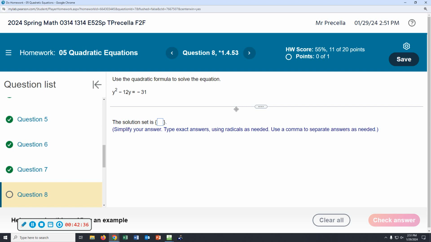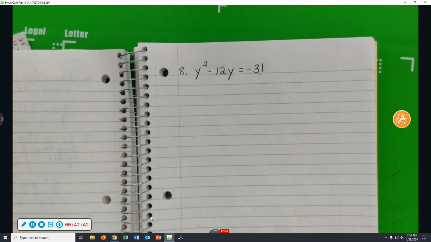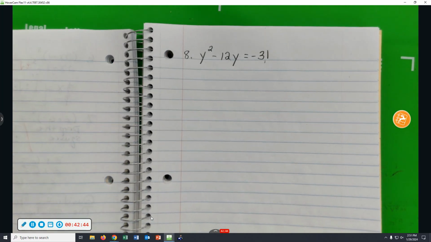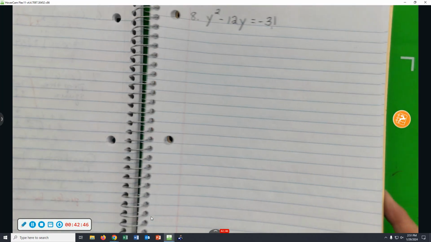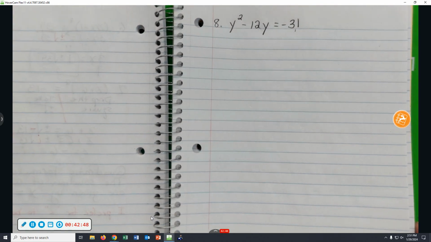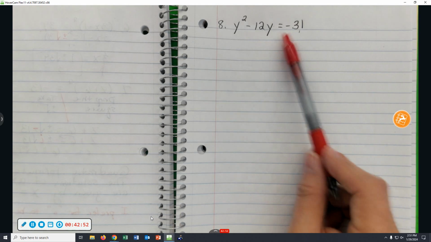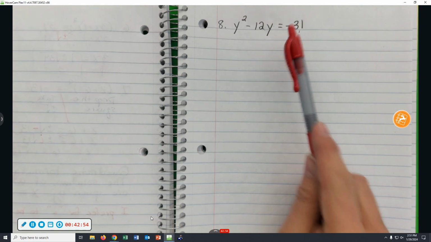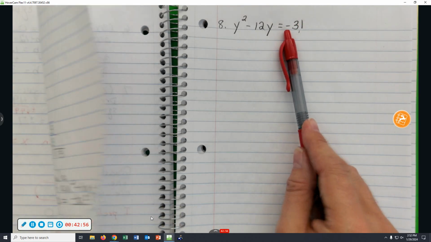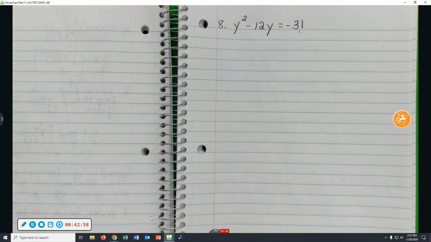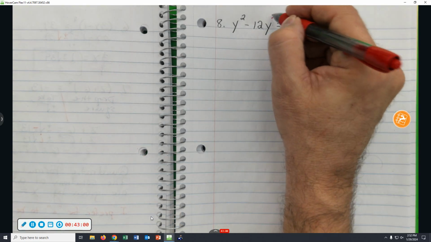If you're going to use the quadratic formula, it's got to be in standard form. By that I mean y squared, y, constant equals 0. What am I trying to say you're going to need to do on this one first before you do anything else? Add the 31. You've got to have a 0 on one side.